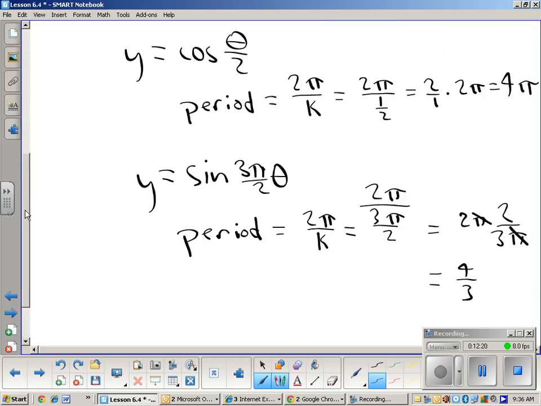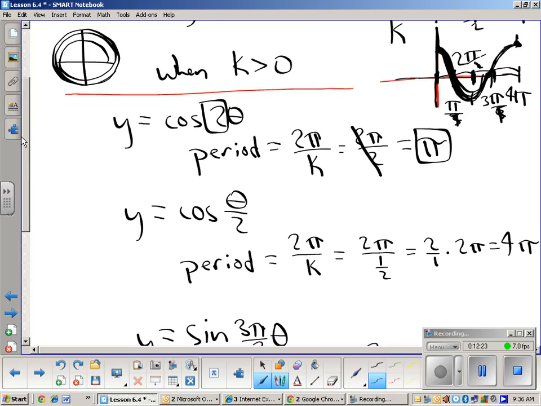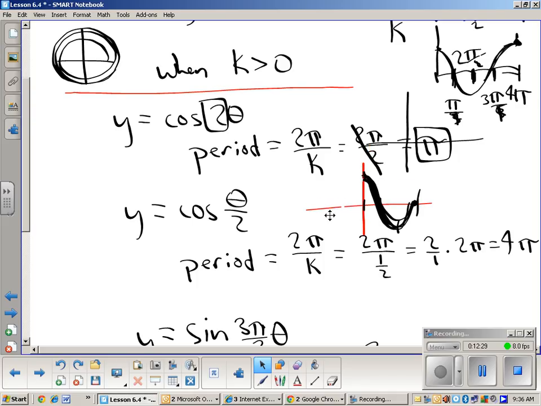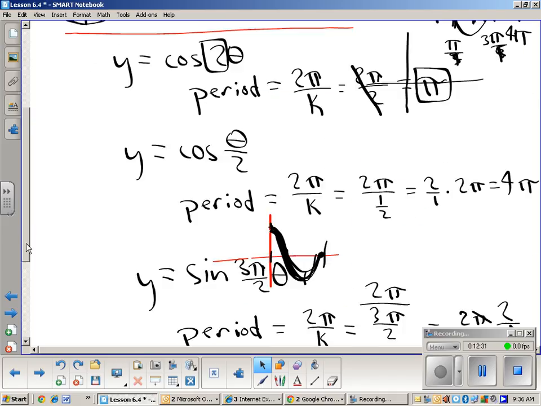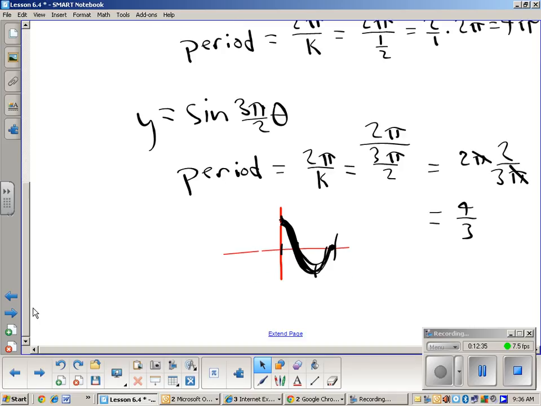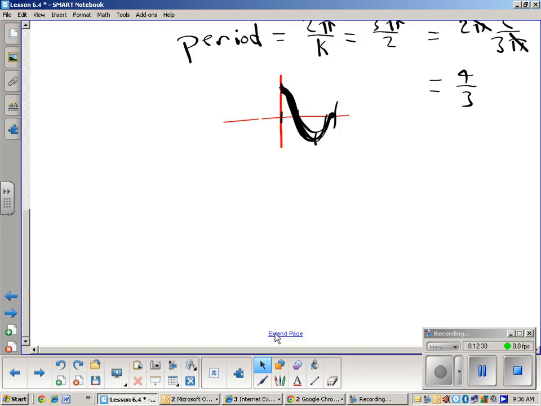Now, let me pull this graph down here, and I'll pull that back up. It's a sine graph.